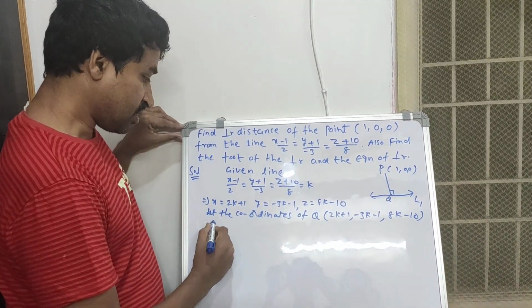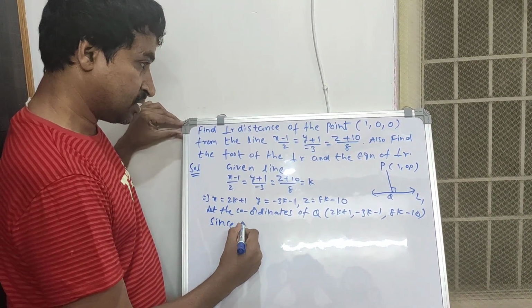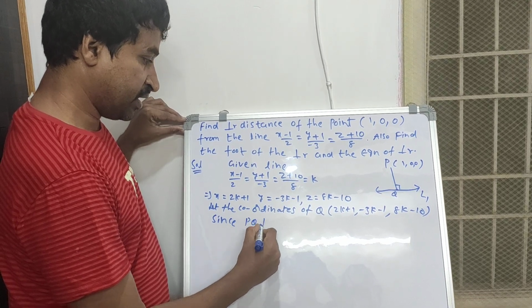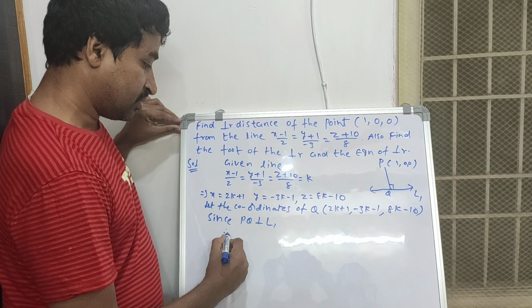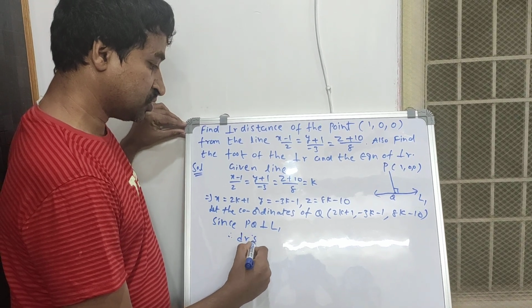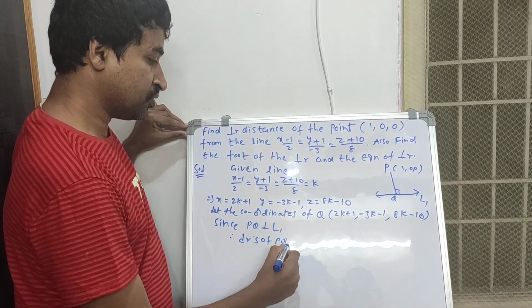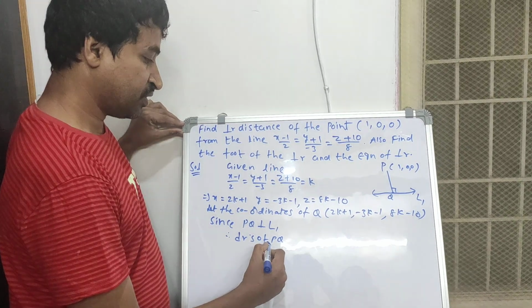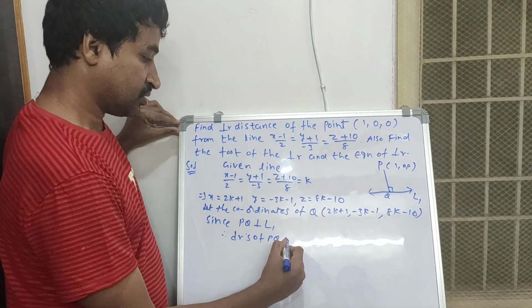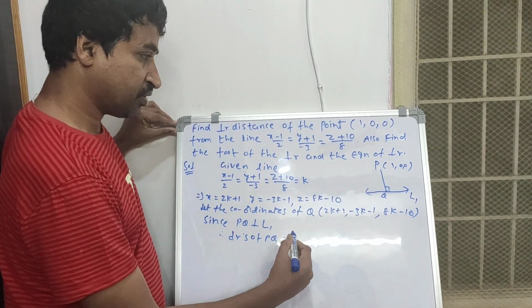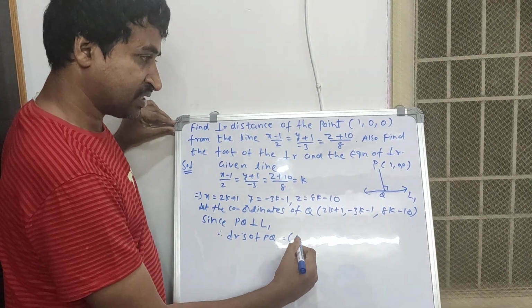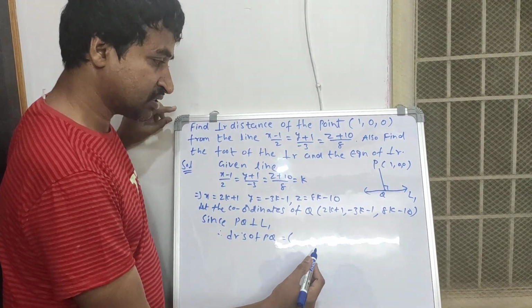Now since PQ is perpendicular to L1, the direction ratios of PQ are x2 minus x1, y2 minus y1, z2 minus z1.